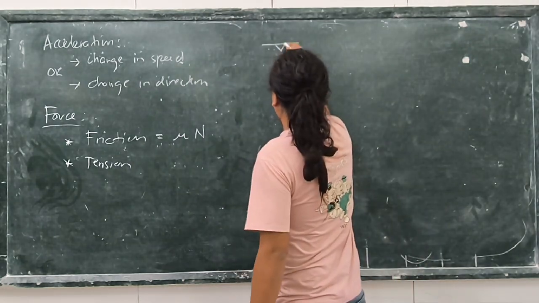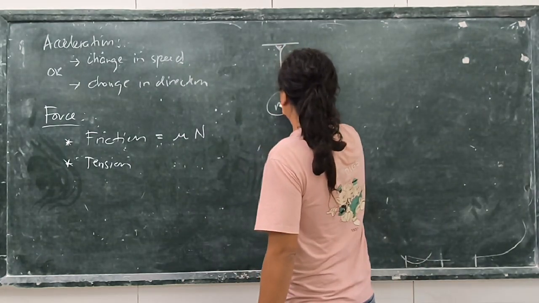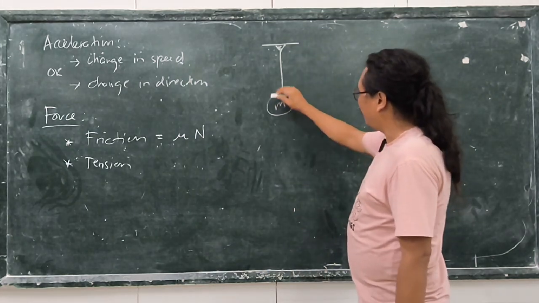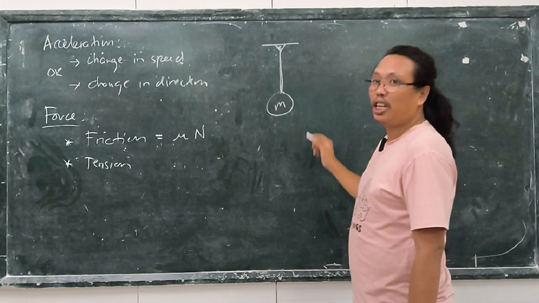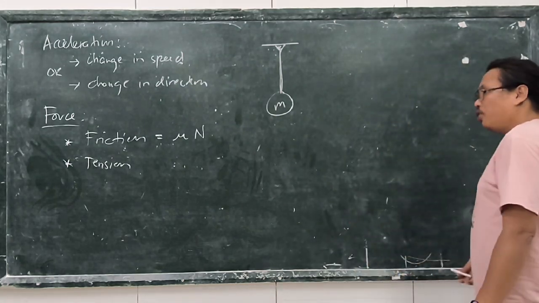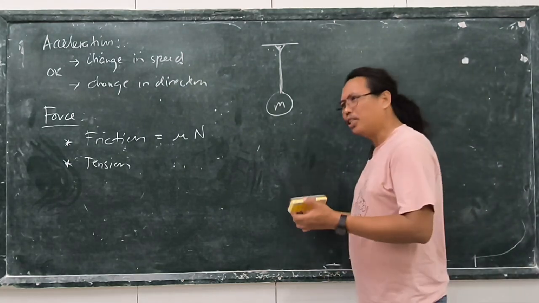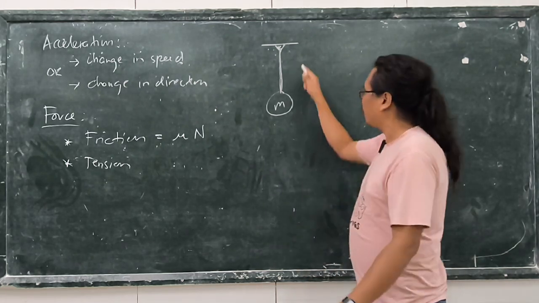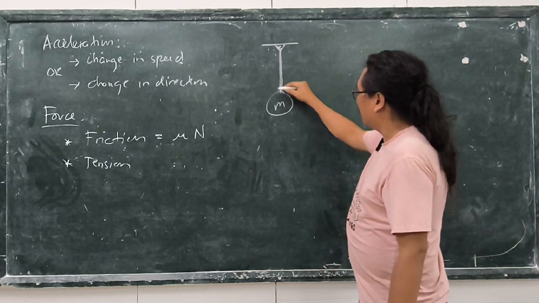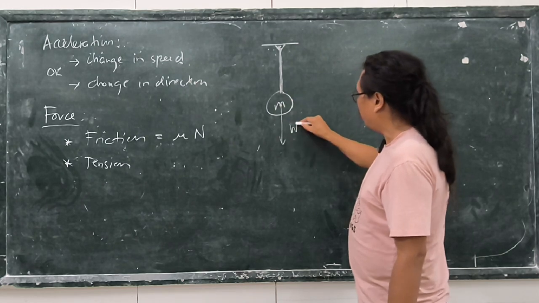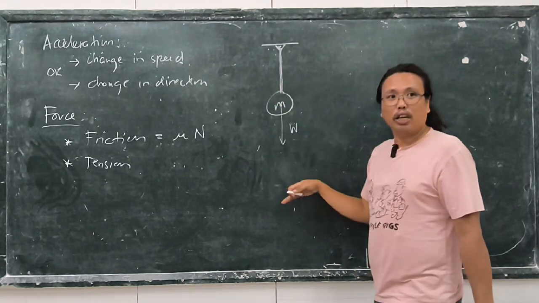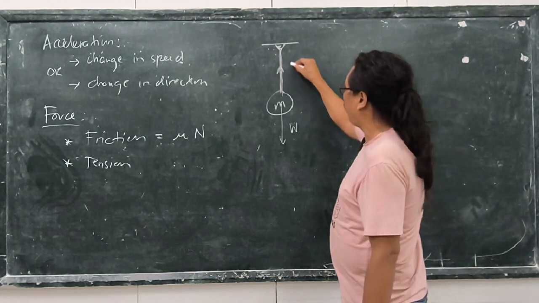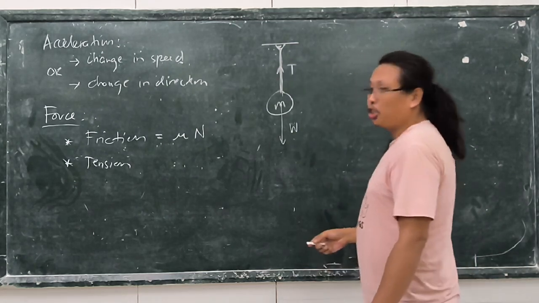But for example, you have a mass here, which is suspended on a string. It could be a string or it could be something solid, something wood, as long as it is connected here. Now of course, the weight is going down. Now, it doesn't fall. So, there's something that equates the weight, right? And that force is upwards and we call this force tension.